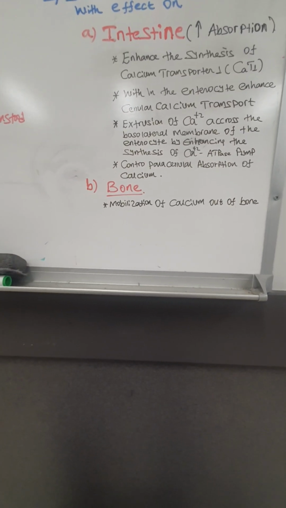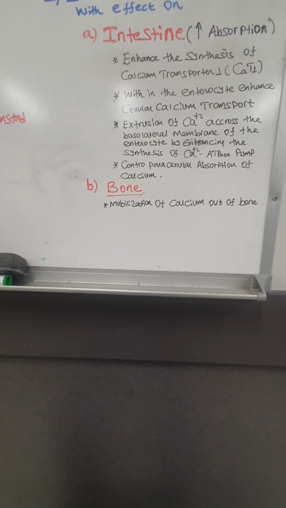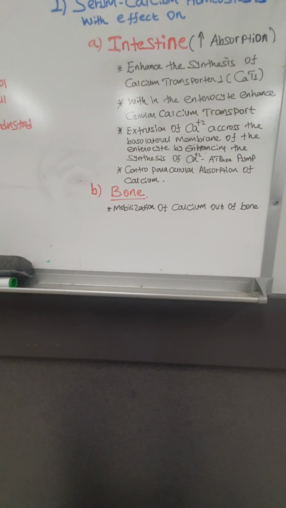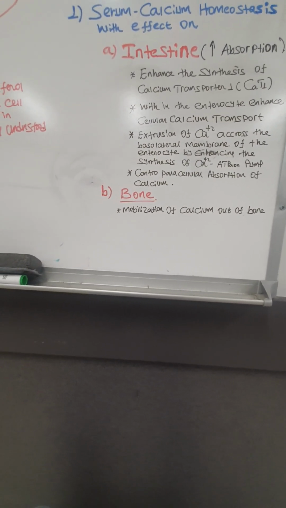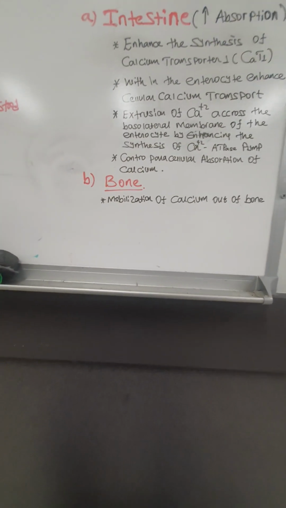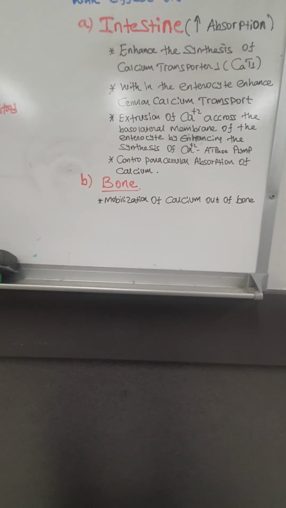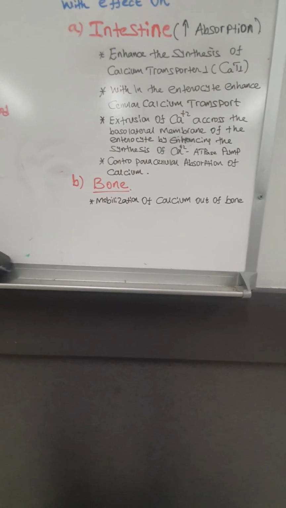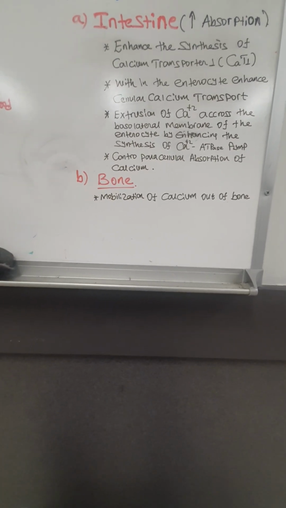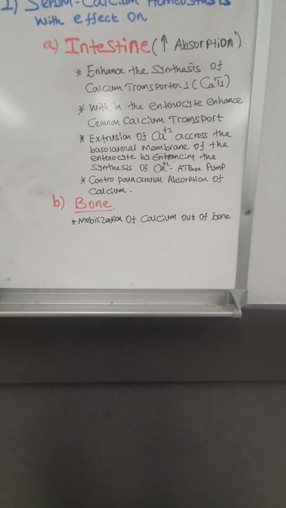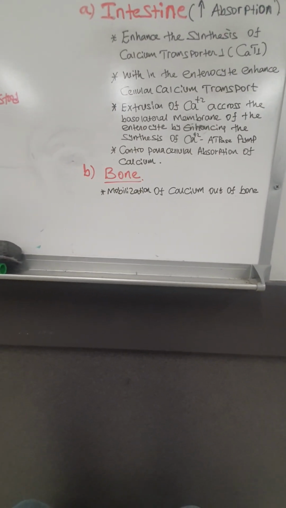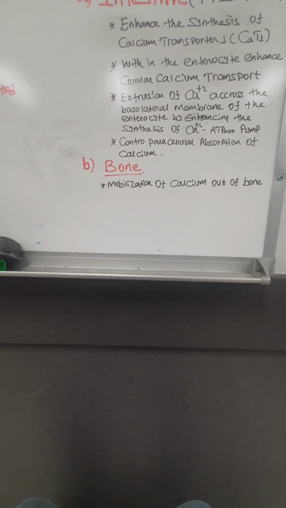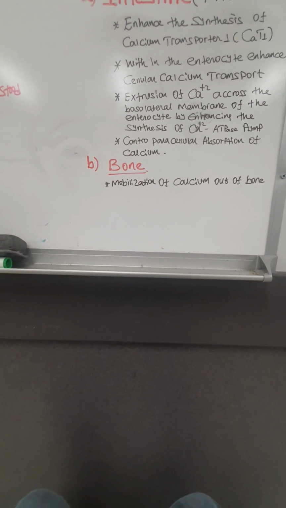So the calcium has to be supplied consistently throughout the blood, so that homeostasis is controlled almost entirely by vitamin D or calcitriol, the active form of vitamin D3. So by mobilizing the calcium out of the bone, it will help us to maintain our calcium homeostasis.